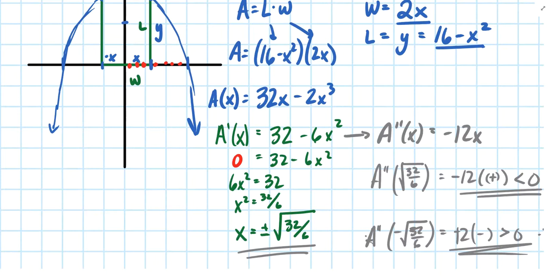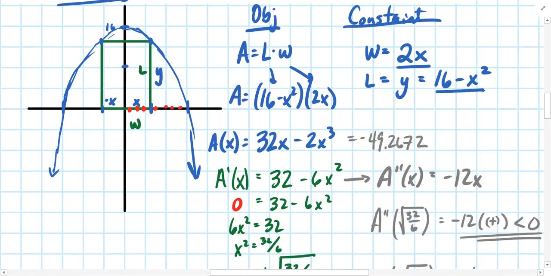But I think this negative x value is producing a theoretical or hypothetical result. Now, off screen, I calculated the area based on the square root of 32 over 6, and that area ended up being a positive 49.2672, and when I evaluated the area at negative radical 32 over 6, that ended up calculating out to be negative 49.2672.